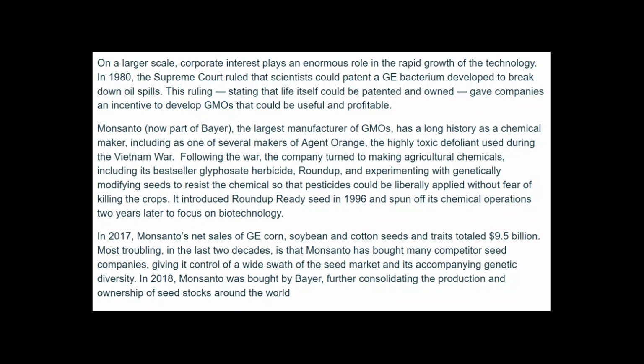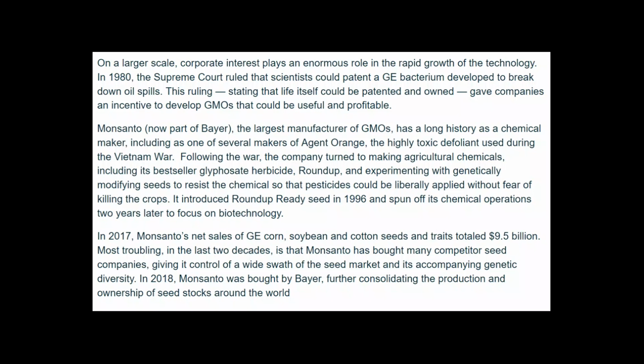And Monsanto, and we probably know of Monsanto, has all kinds of unfortunate connotations associated with it, and is now part of Bayer. The largest manufacturer of GMOs has a long history as a chemical maker, including as one of the several makers of Agent Orange. Remember that, the highly toxic defoliant used during the Vietnam War.